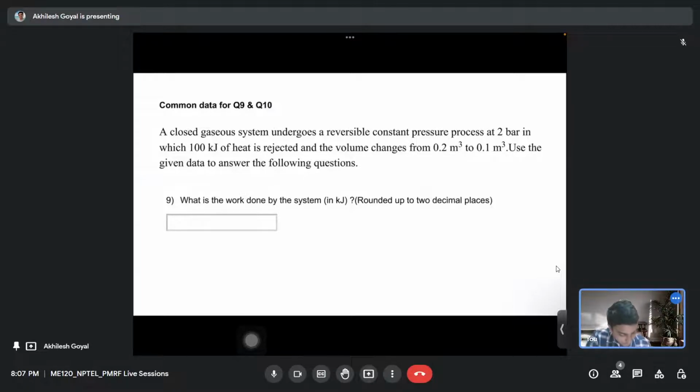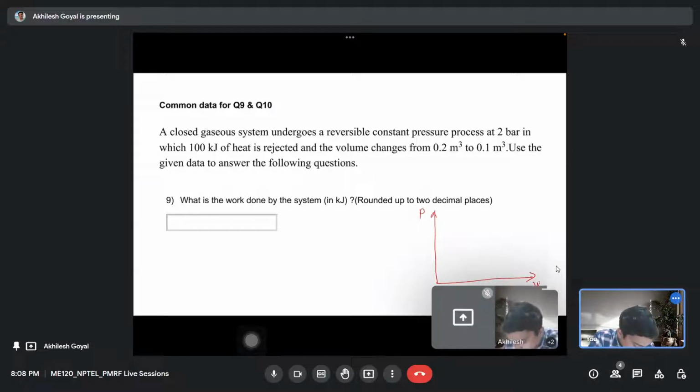So let's first draw a rough sketch. It is a PV diagram. The process is a constant pressure process.